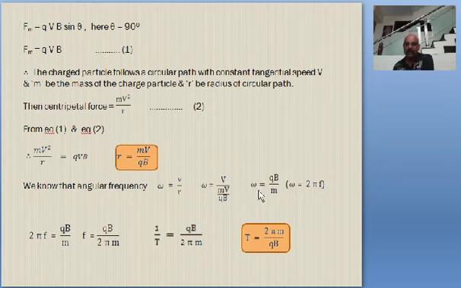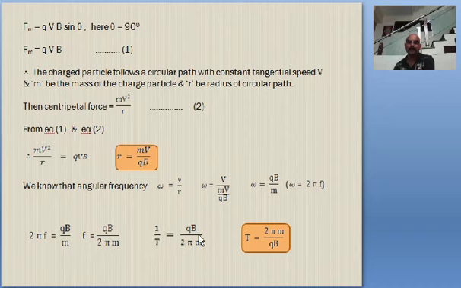This omega represents the angular frequency. Omega is equal to 2 pi f. Substitute for omega, you will get 2 pi f is equal to qB by m, and send this 2 pi to the other side. You will get the frequency of revolution of the charged particle, f is equal to qB divided by 2 pi m, and f is nothing but 1 by T, the reciprocal of time period.